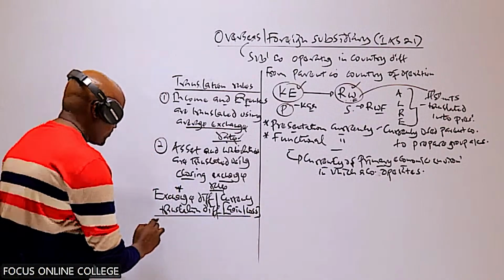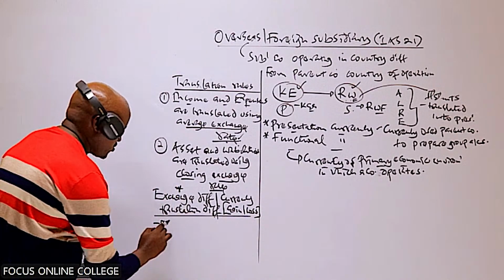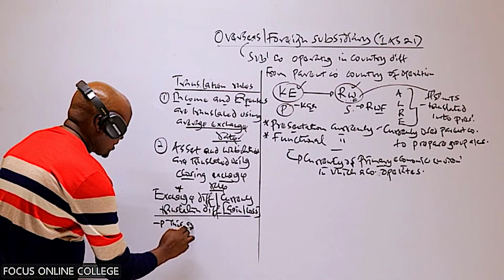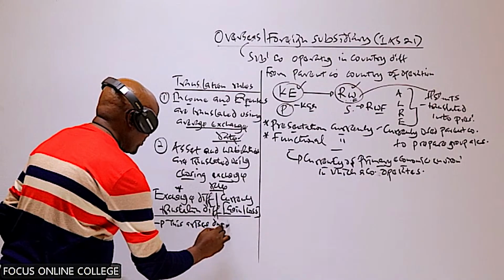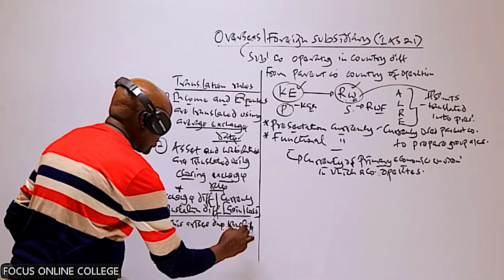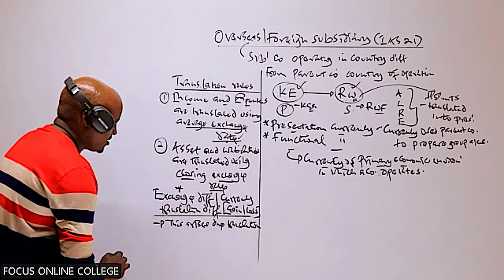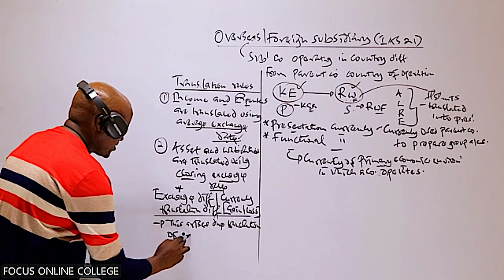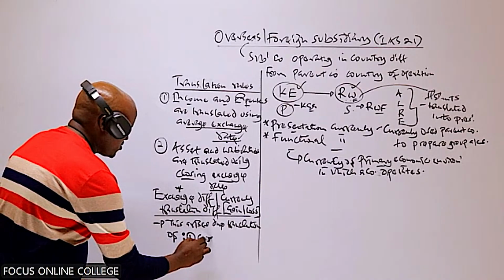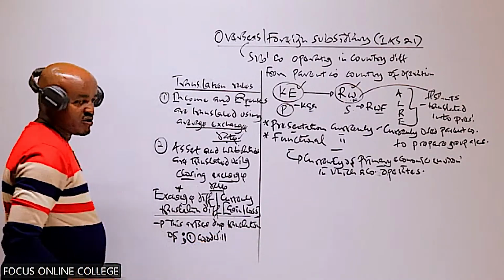Now, this particular gain or loss arises due to the translation of basically three items. Number one is goodwill on acquisition.